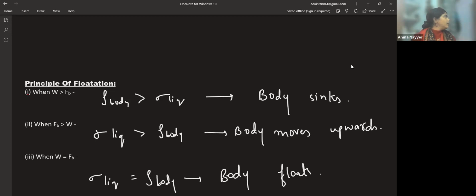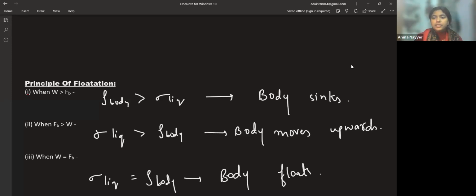If vice versa occurs, that is, the density of the liquid is greater than the density of the body, the body will move upwards. If both are the same, the body will float at the surface.